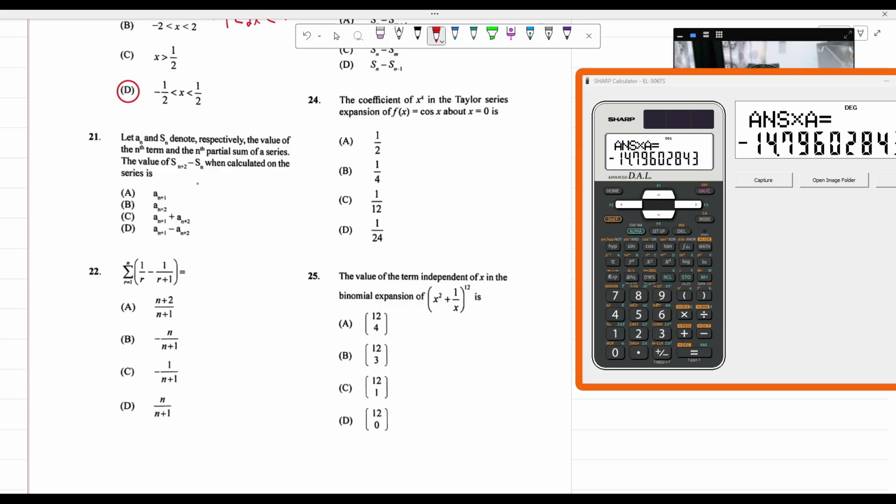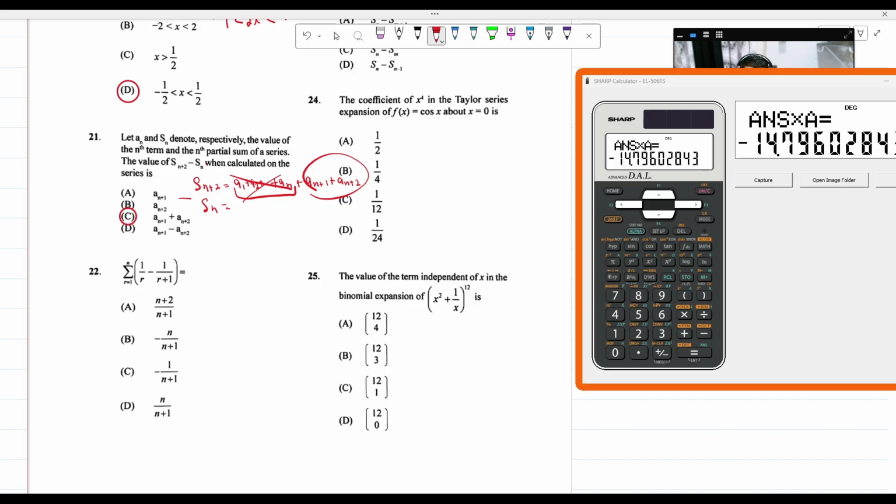S sub n plus 2 is going to be a1 plus a2 plus all the way up to an. I will include an because of this s sub n here, plus a sub n plus 1 plus a sub n plus 2. Those are the next two terms after a sub n. And s sub n is going to be this here. So when I take away, I'm going to take away everything there, and I remain with a sub n plus 1 plus a sub n plus 2. So the answer for this is C.